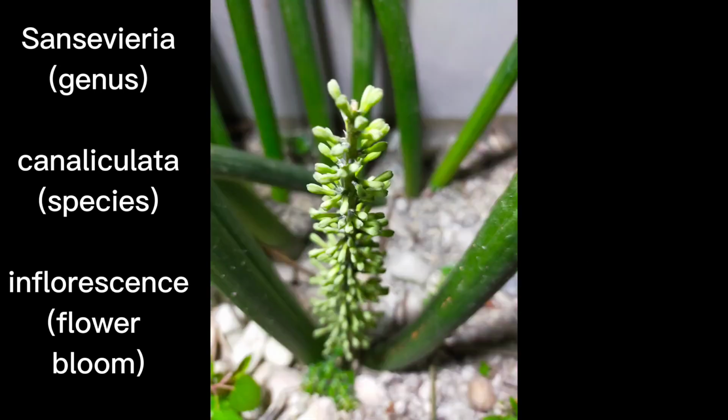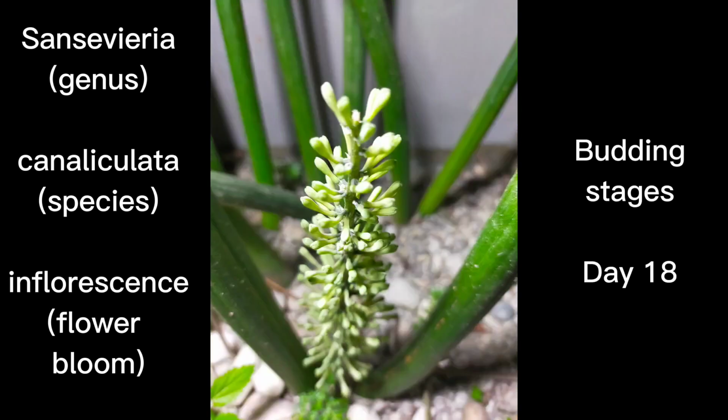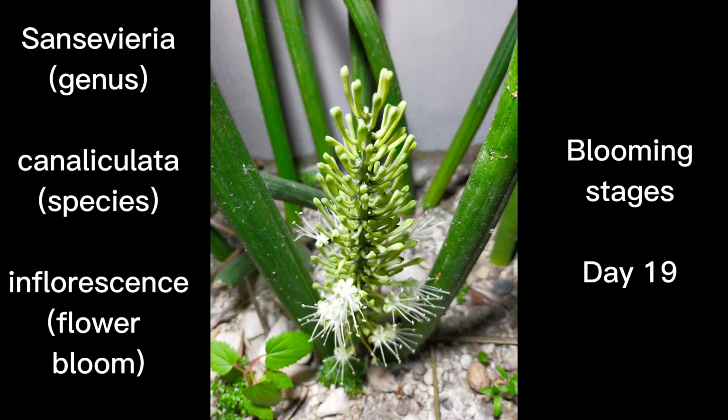We're going to compare it with the other species if I'm fortunate enough to have my stuckyi specimen show me its flower bloom. But right now we're just dealing with the canaliculata, and later I'm going to show you the tips about it.